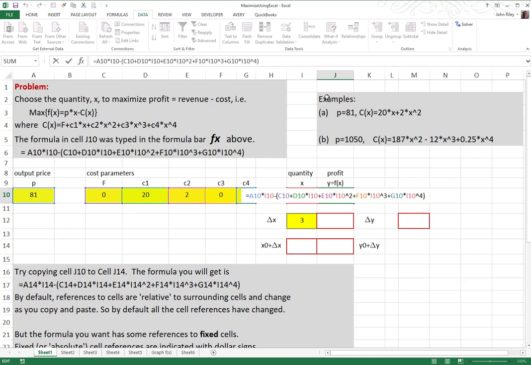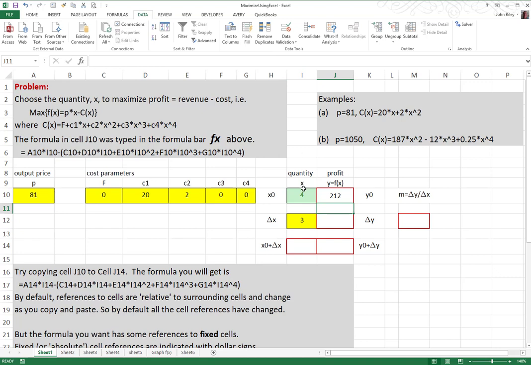And it's also written up on the formula bar at the top. And you see then that if you compare it with the formula on row 6, they should be the same. So all that you need to do, if I hadn't typed this in, is type in that formula. So now we've got the profit when the output is 4.